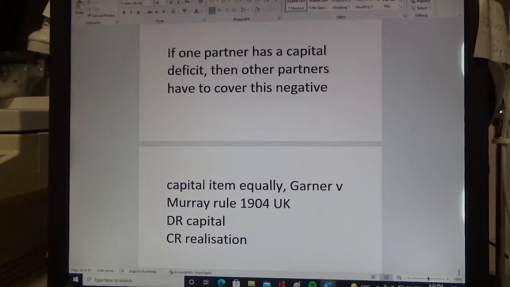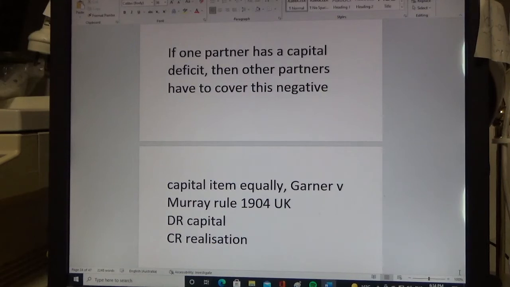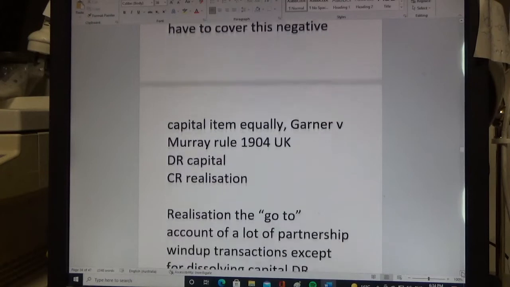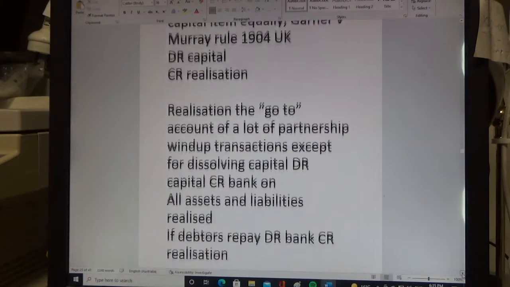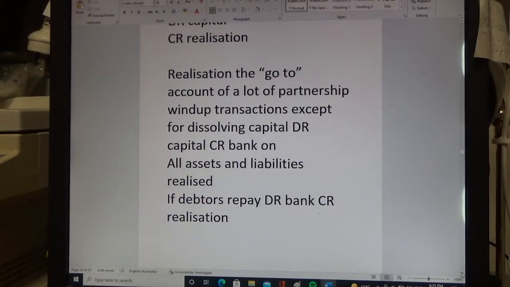Now, this is the Garner versus Murray rule in 1904 in the United Kingdom, a case law. You debit capital, credit realisation. Again, realisation is your go-to type account of partnership wind-ups. Except for distributing capital, which is debit capital, and credit bank, which doesn't have realisation in. Okay? But realisation will be in a lot of these entries.